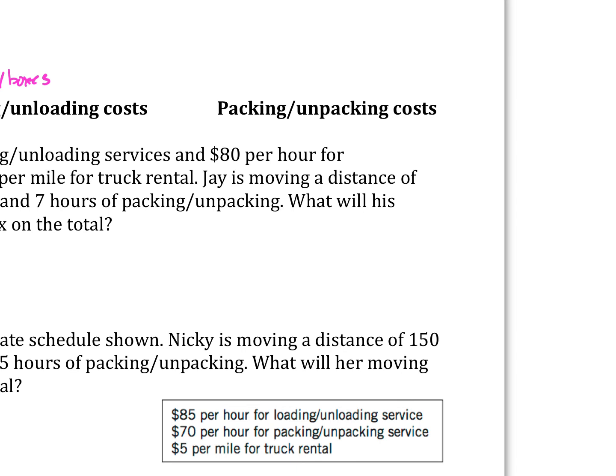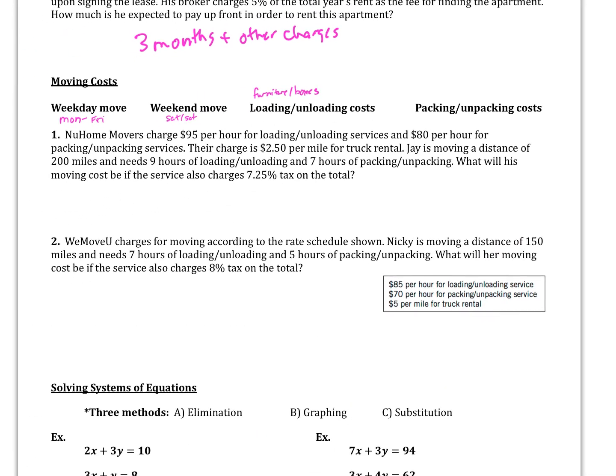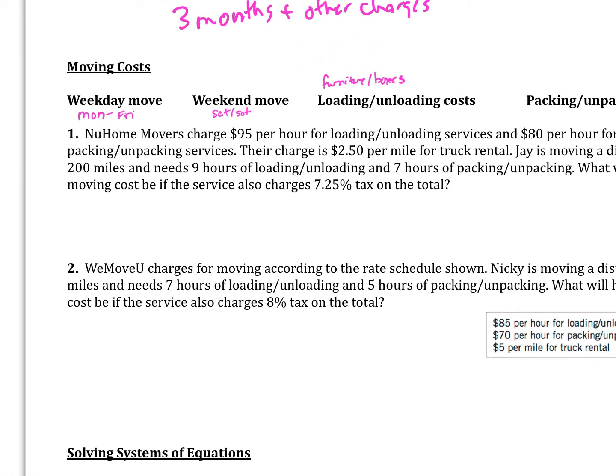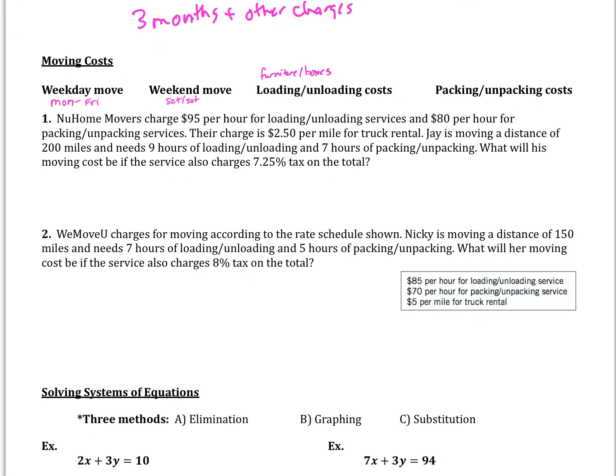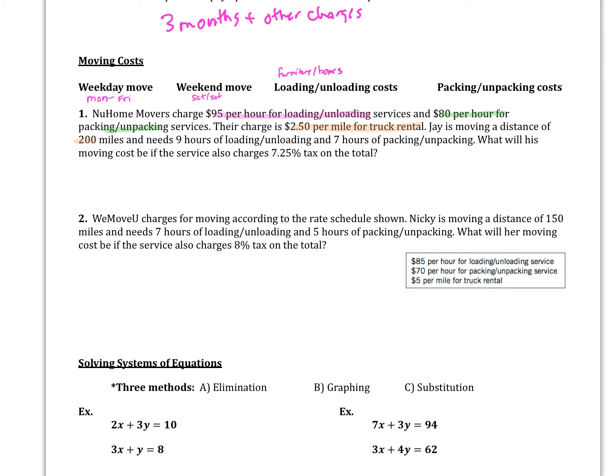So you have to think about your packing costs and the unpacking costs as well. Let's take a look at an example of this. It says $95 per hour for loading and unloading, $80 per hour for packing and unpacking, $2.50 per mile for the truck rental, and the distance is 200 miles.